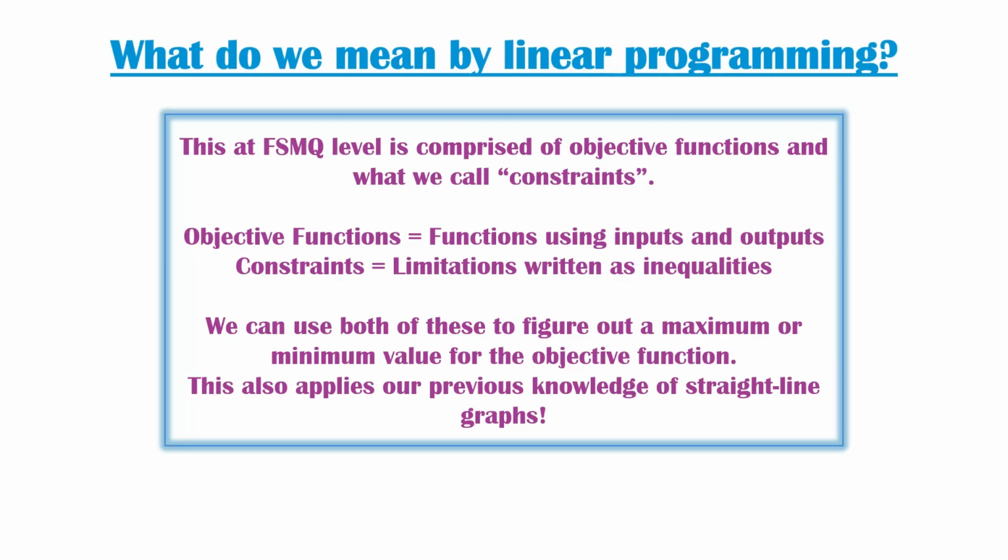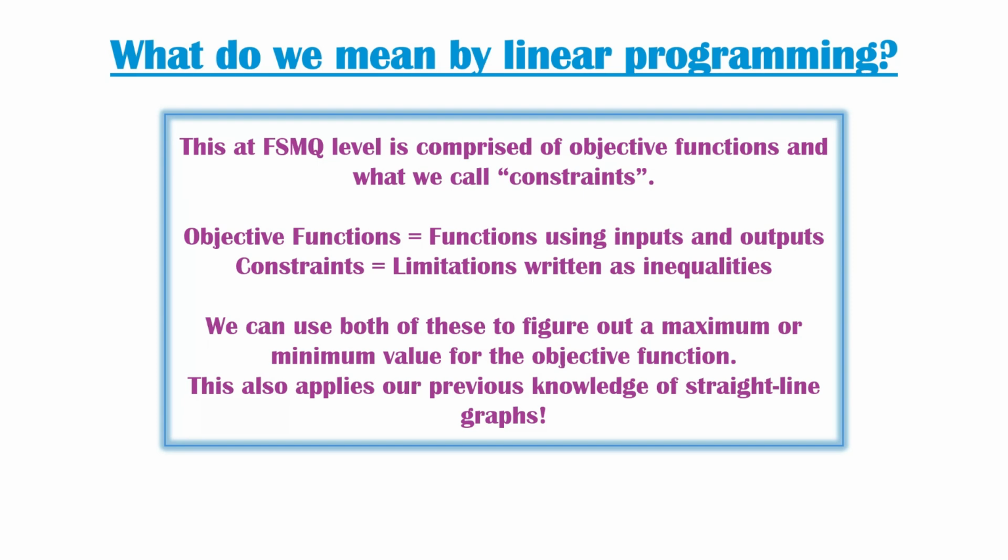So what do we actually mean by the term linear programming? Well, linear programming is comprised of two things: objective functions and constraints. Objective functions are basically equations where you have two variables that produce some other term, and you just derive that from information given.